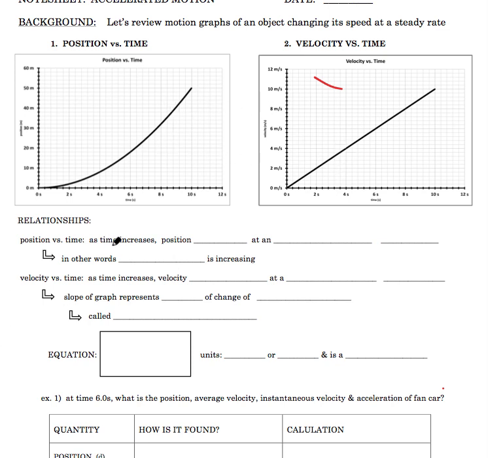So the first thing is, how do we interpret conceptually what's going on in position time? Yes, we can say it's speeding up, we can even say it's accelerating, but let's look at it just in terms of position. What we can see is as time increases, position is clearly increasing. Right, that's not a surprise.